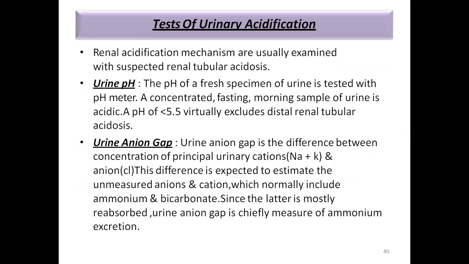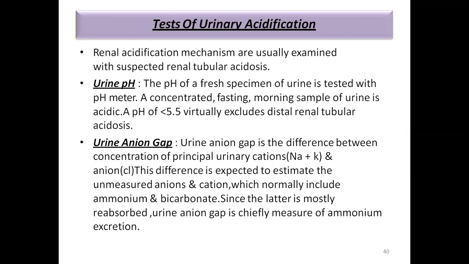Continuing this, we also have a test for urinary acidification. This method is used for a particular type of disease that we call renal tubular acidosis. If we suspect a patient to be suffering from renal tubular acidosis, we can go for this test, that is, urine pH.